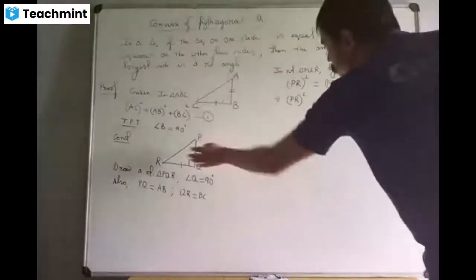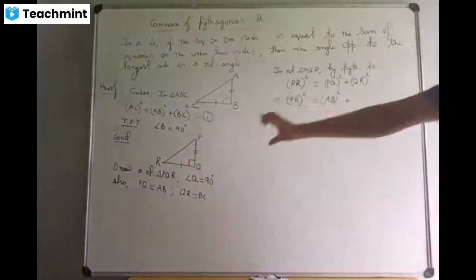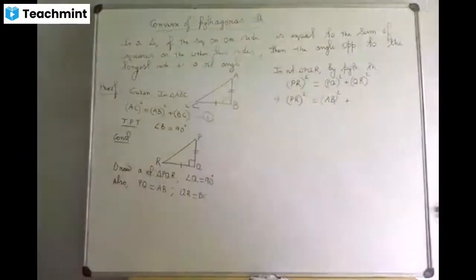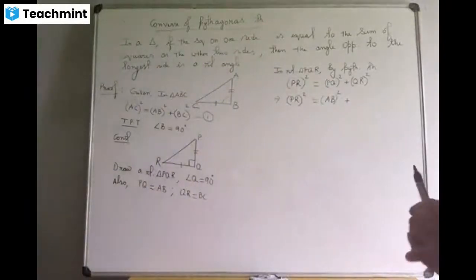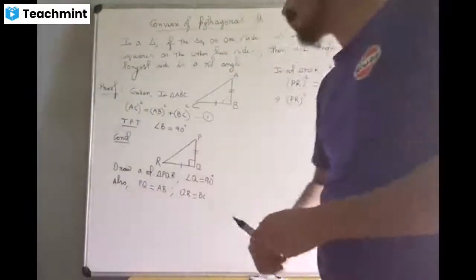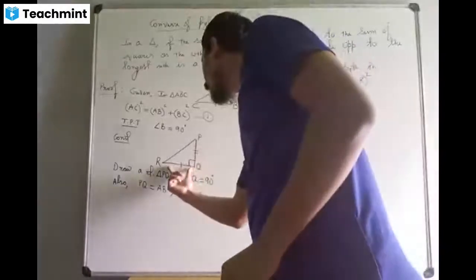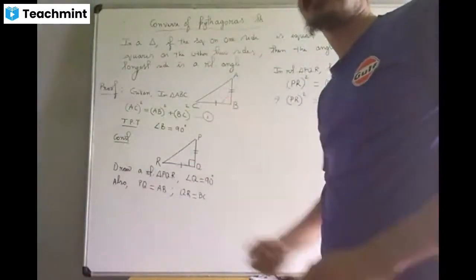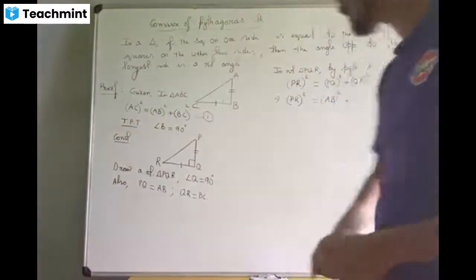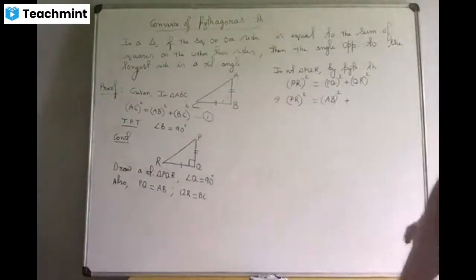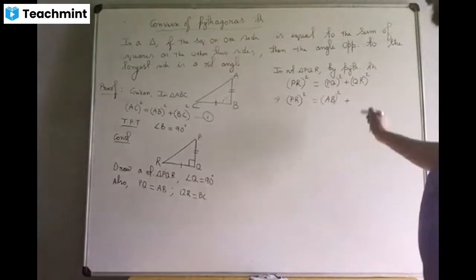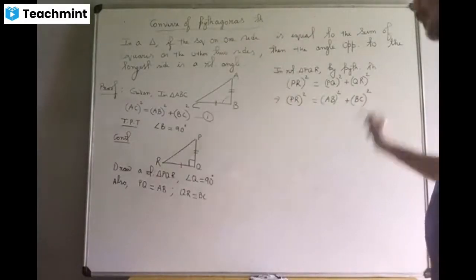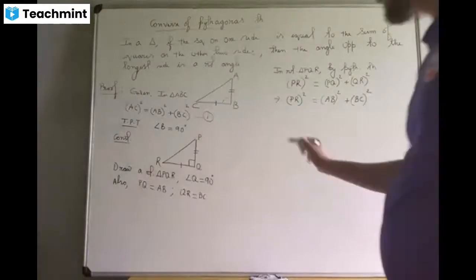Also, we have drawn this triangle in such a way that the length of QR is equal to the length BC of the given triangle. So according to the construction, QR can also be replaced by BC and we have the square over there. Is it okay?